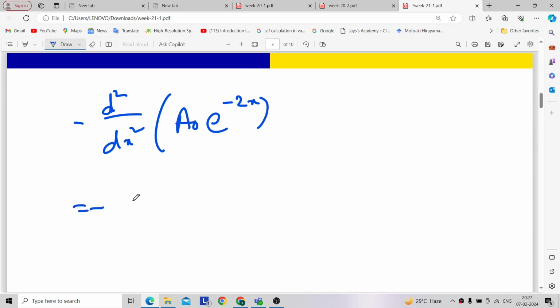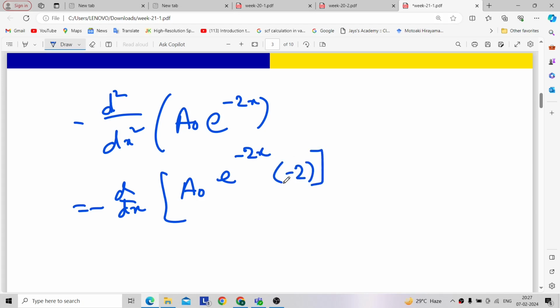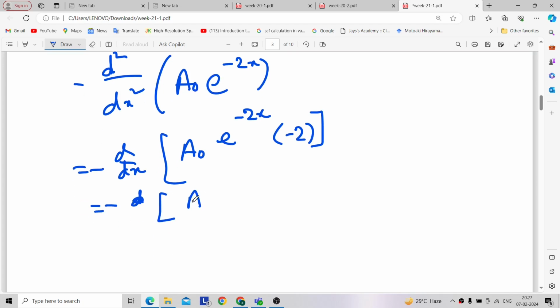Calculating the first d/dx, it will be a0 e to the power minus 2x times minus 2. Now minus again d/dx, so it will be a0, then plus 4, minus 2 times minus 2, and then e to the power minus 2x. So it will be minus 4 into a0 e to the power minus 2x.